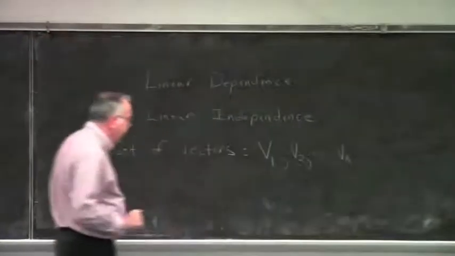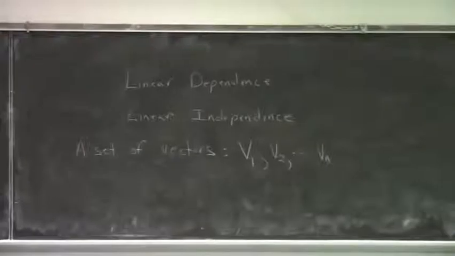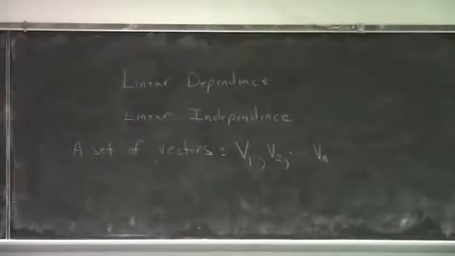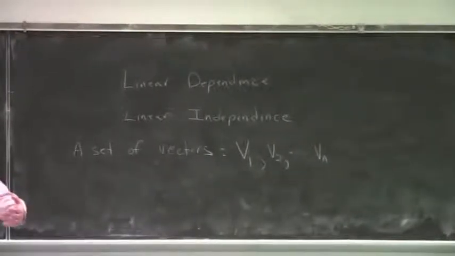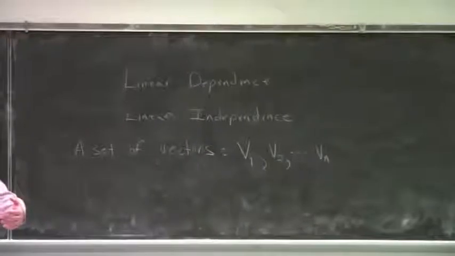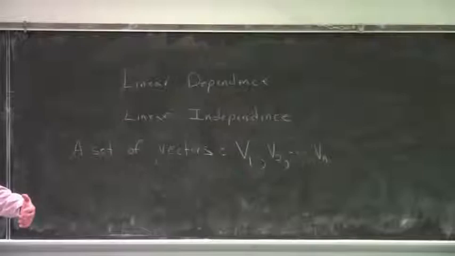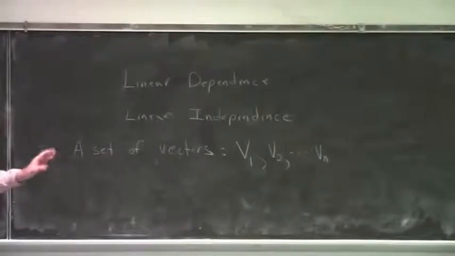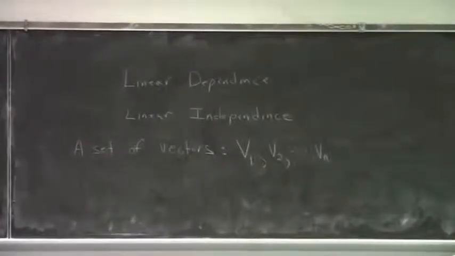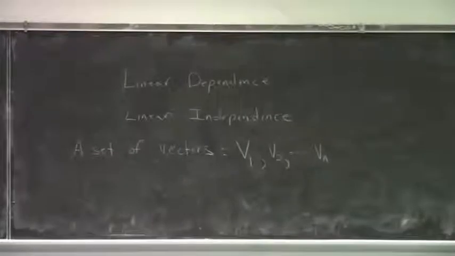So you have n vectors. Now, it's assumed that the dimension of each of these vectors is the same. They all could be 2 by 1s or 3 by 1s, et cetera, but all of these vectors are assumed to have the same dimensions.